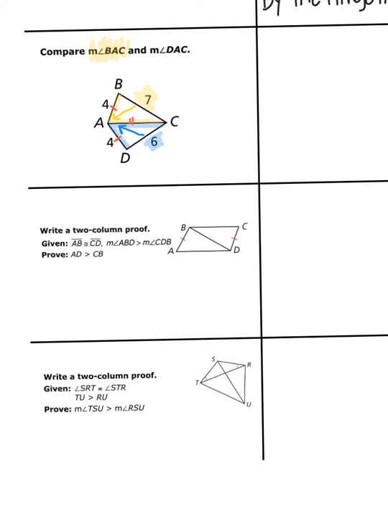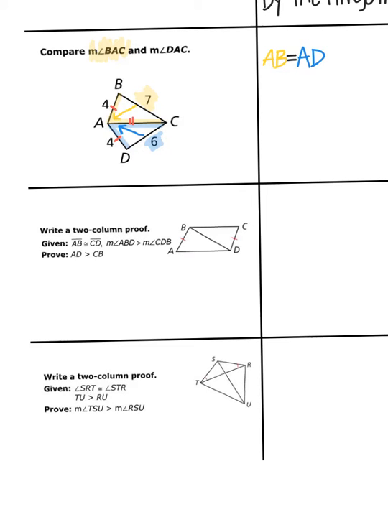Now similarly to the last example, if we set up the pieces that are similar, for example, that segment AB is equal to the measurement of segment AD, lost my train of thought.